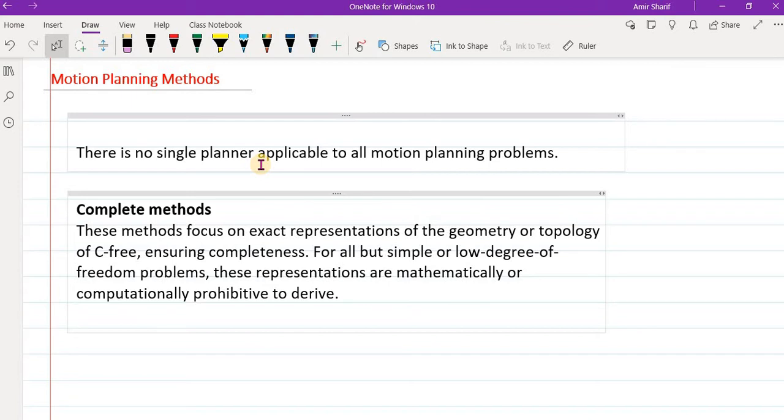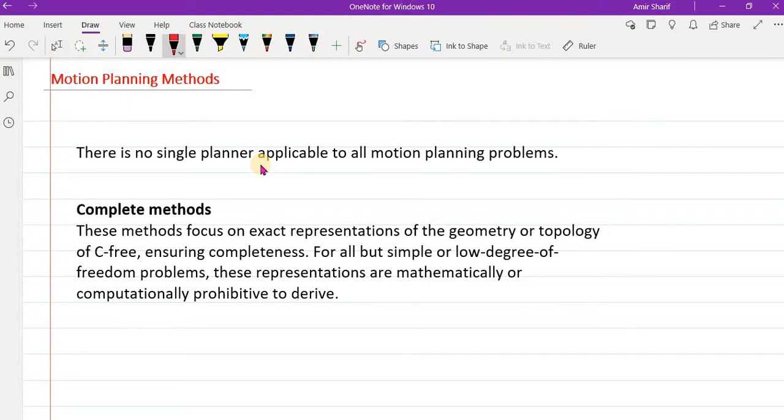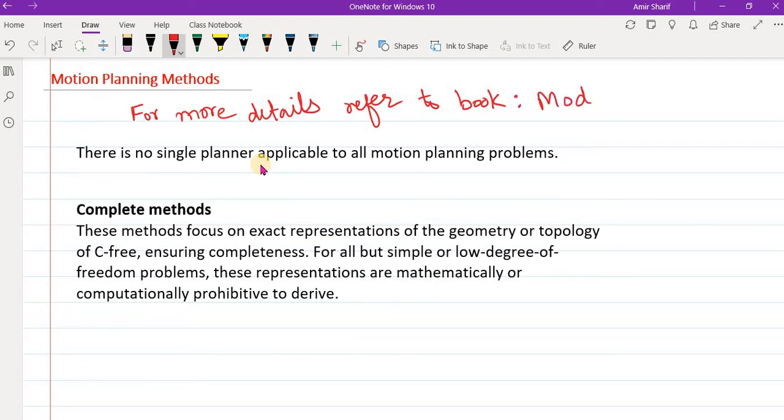You can refer to the book called Modern Robotics, chapter number 10.